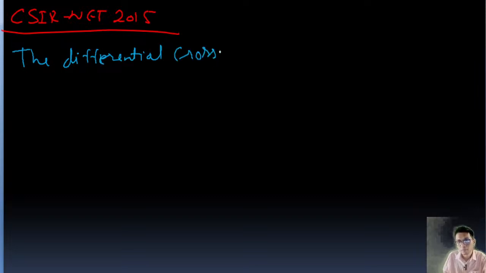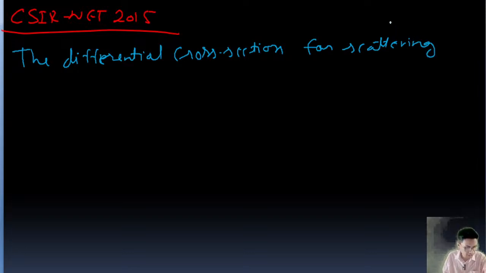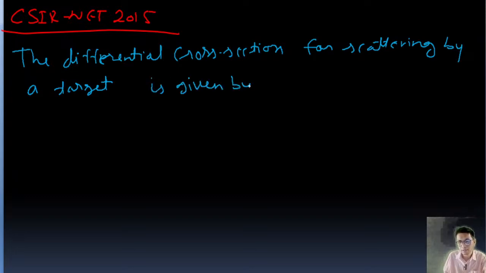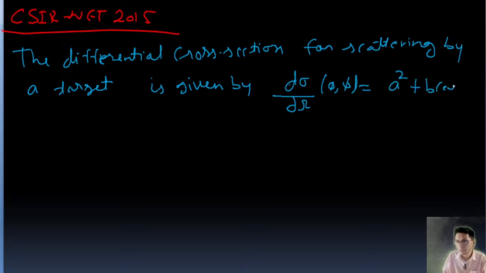The differential cross section for scattering by a target is given by d sigma upon d omega, which is a function of theta and phi, equal to a square plus b cos square theta.